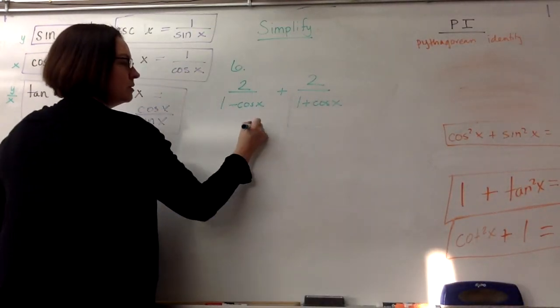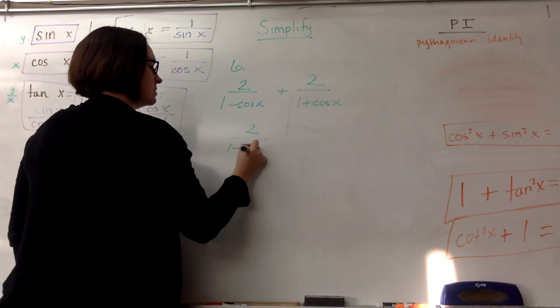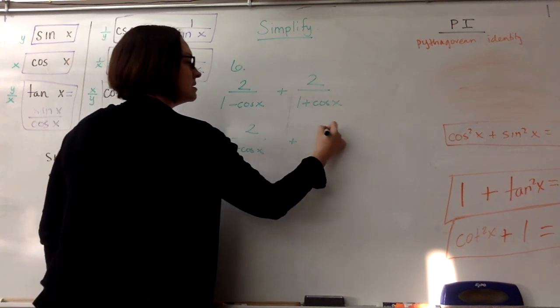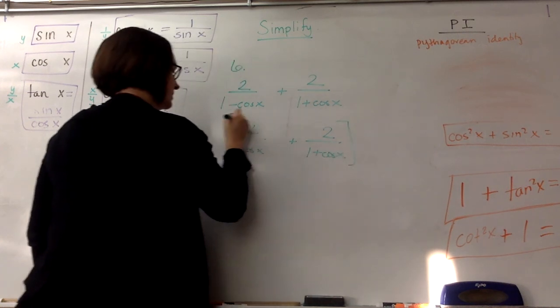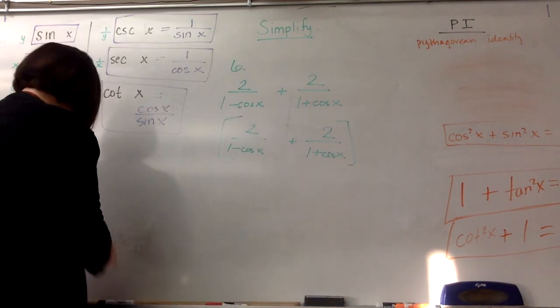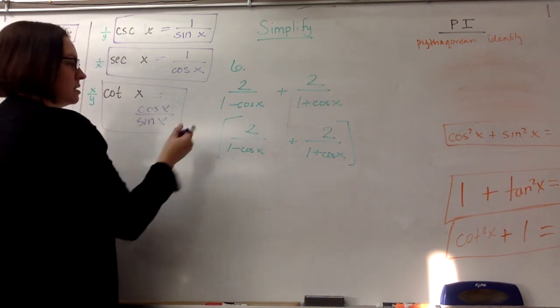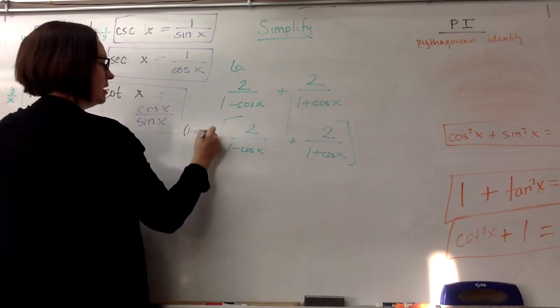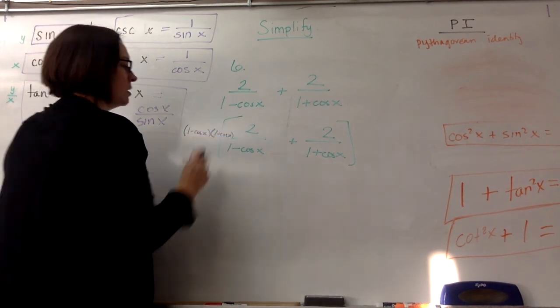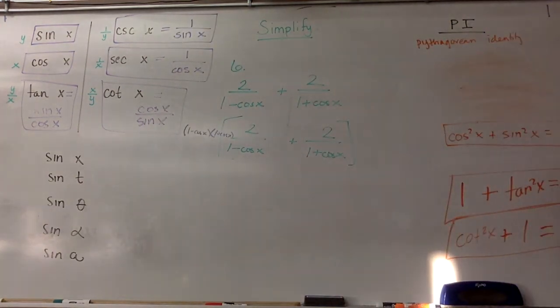Let's take 2 over 1 minus cosine x plus 2 over 1 plus cosine x. And let's multiply by the LCD. So my LCD is going to be the quantity 1 minus cosine x, this is not pretty, 1 plus cosine x. What am I missing from the first fraction to get the LCD? 1 plus cosine x.